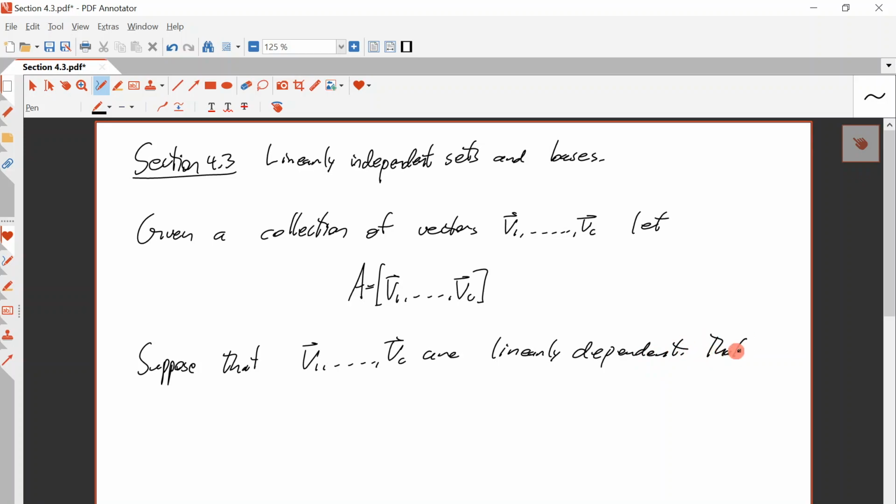That is, there is x not equal to 0 such that A times x is equal to 0.